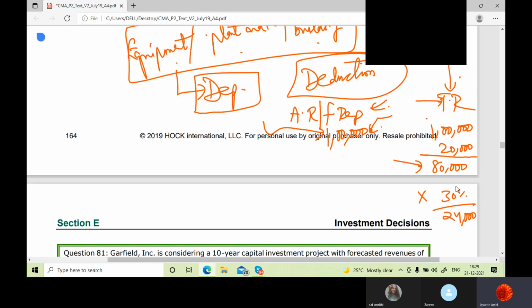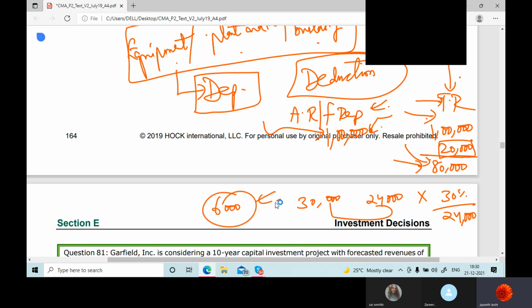Since this depreciation has reduced my figure of 1 lakh to 80,000, I was supposed to pay 30,000 as my taxes, but now I am paying 24,000. 6,000 of the tax money I have saved. This happens to be my cash savings.